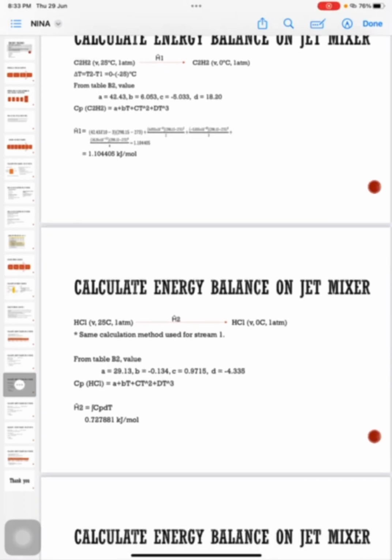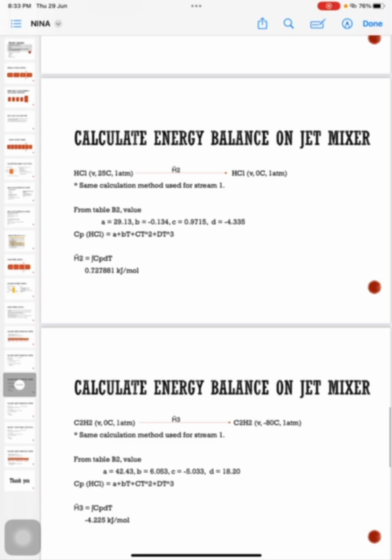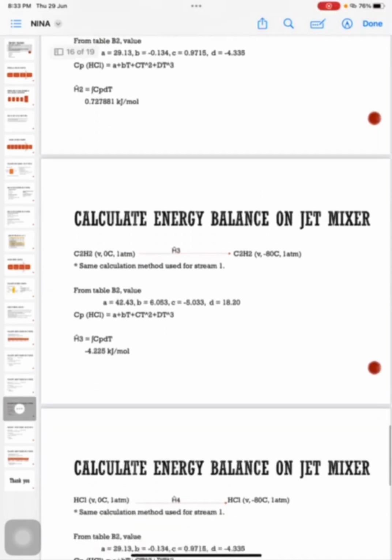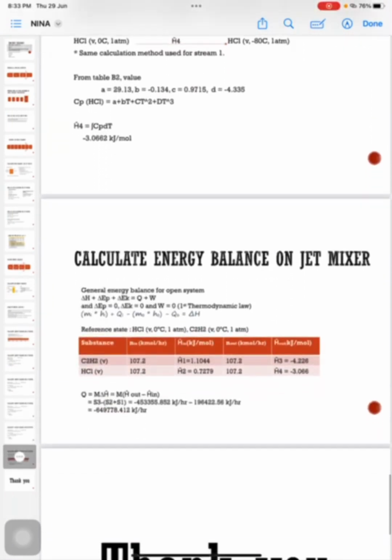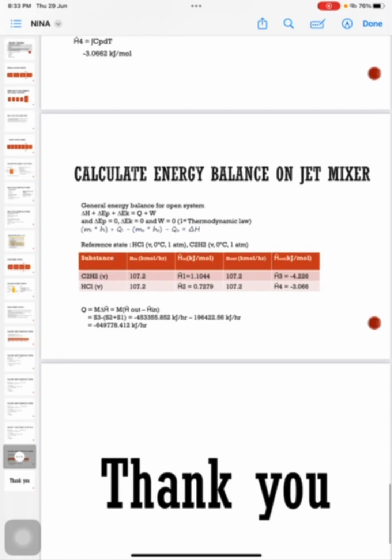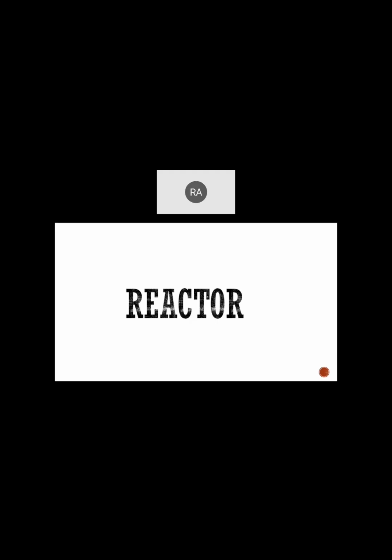H1 I got 1.104 kJ per mole. Same goes to H2. The same calculation method is used for stream 1, H3, H4, and then lastly calculate the energy, which is Q equal to molar flow rate times.